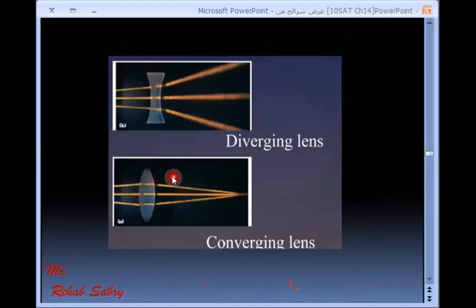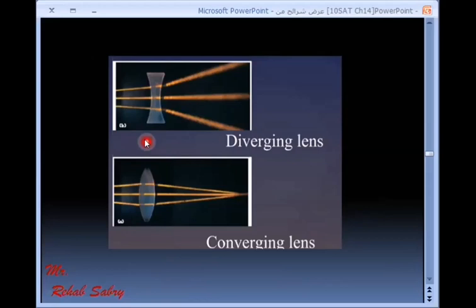This diagram shows us the behavior of the rays in the two types of lenses. This is a diverging lens, and the diverging lenses are concave. Mr., when we were talking about the mirror, you said the concave is converging. Yes, in mirrors the concave is converging, but in lenses the concave is a diverging lens.